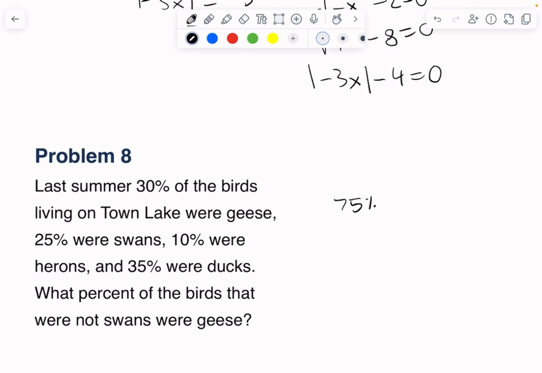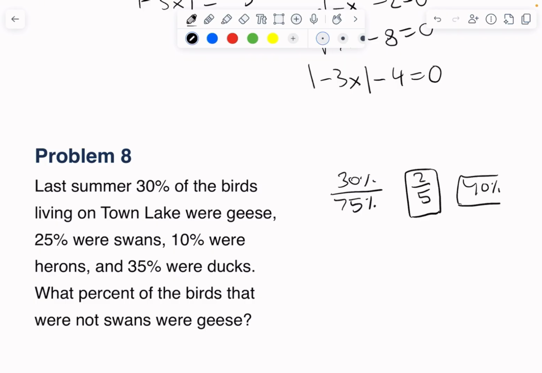And we know that 30% were geese. So 30% out of the 75% were not swans but were geese. That's equal to 2/5 if we divide 15 from top and bottom. So our answer is 2/5. Oh, it asked for the percentage, so that's 40%.